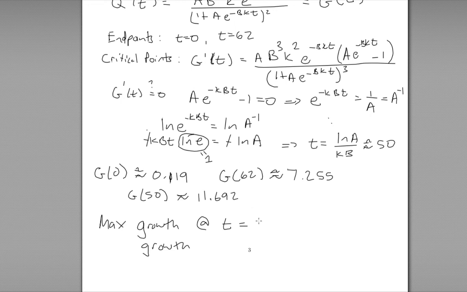The maximum growth happened when it was about the 50th month, and the maximum growth was equal to 11.692 million users per month. Okay, so using our model, we can actually figure out when the maximum growth for Snapchat occurred, according to our model.